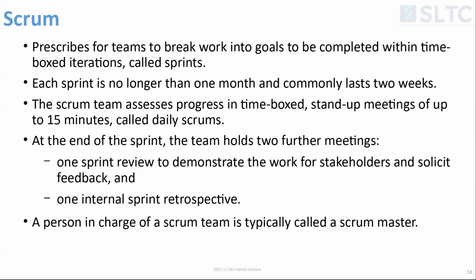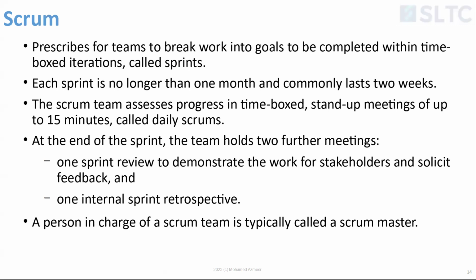So what does it do? Well, it prescribes for teams to break work into goals to be completed within time-boxed iterations called sprints. I guess now you understand, right? This is prescribed for teams, not for individual people, so that you can break your goals into time-based boxes called sprints.